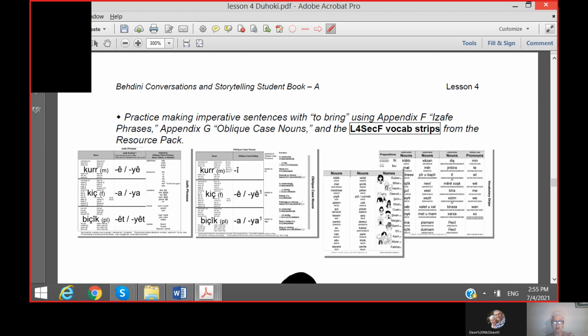Then on page 85, practice making imperative sentences with to bring using your Appendix F, izafe phrases, your Appendix G, oblique case nouns, and the vocabulary strips. So it looks like this.